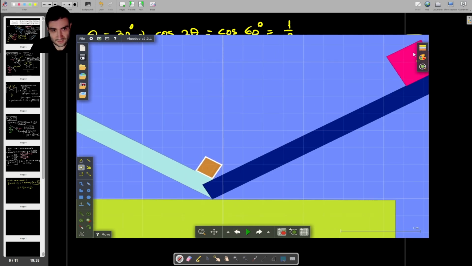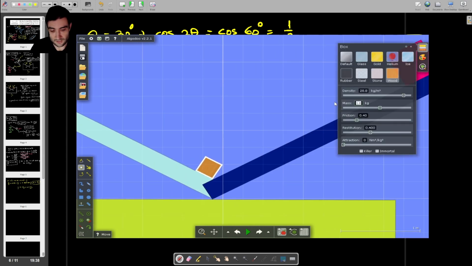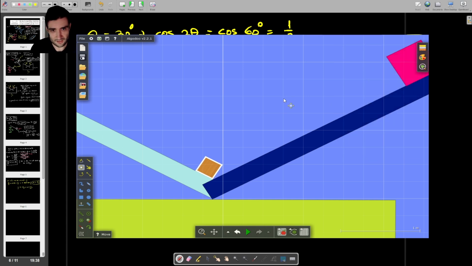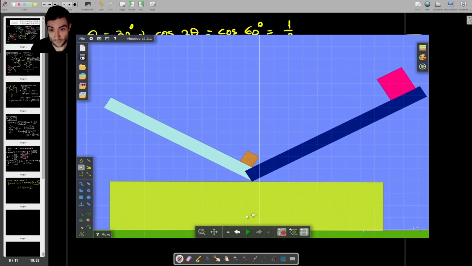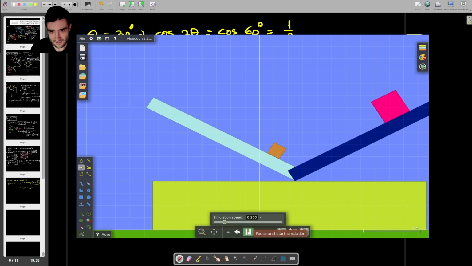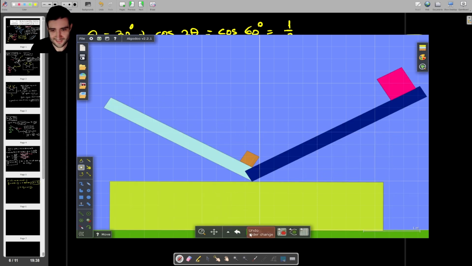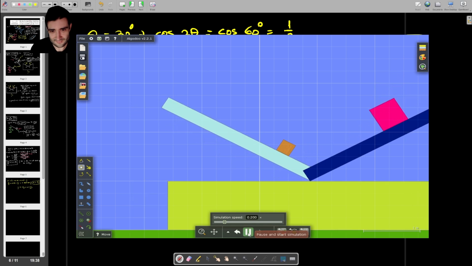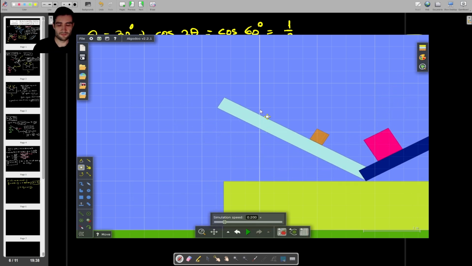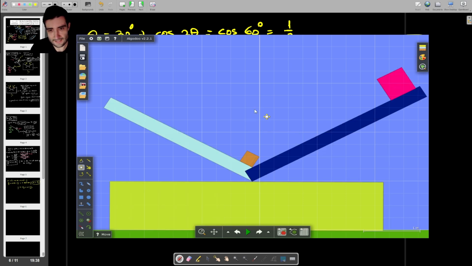So let's try something much smaller. Let's do 0.5. So if it's 0.5, I think this is going to be a very dramatic change. Yeah, as you can see, we're going to ignore this. The more you reduce the mass of the small block, or not necessarily the mass of the small block that has to be reduced, it's the ratio that matters.